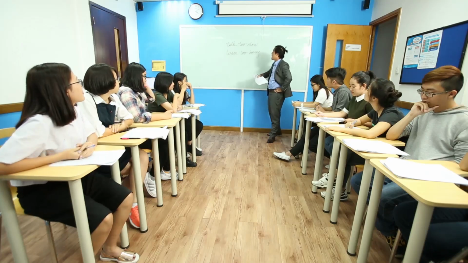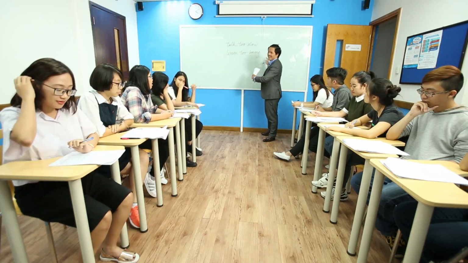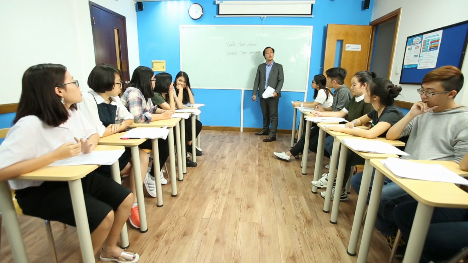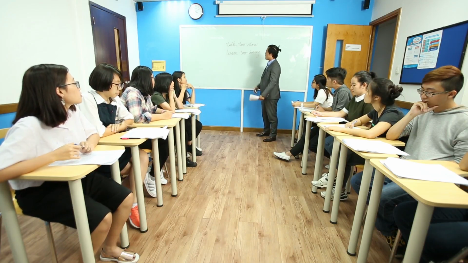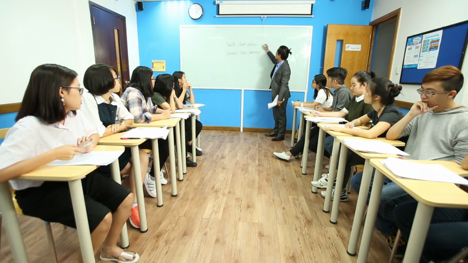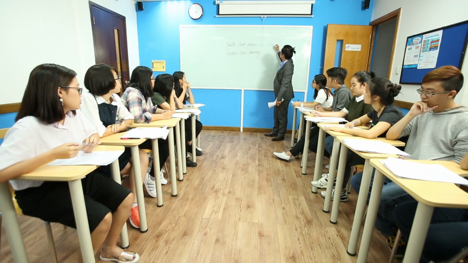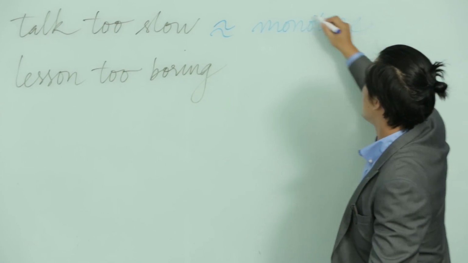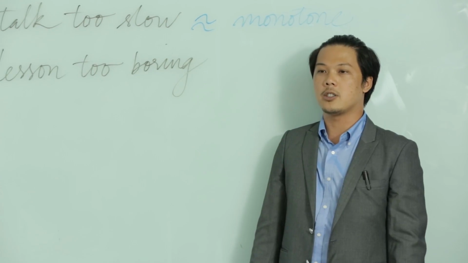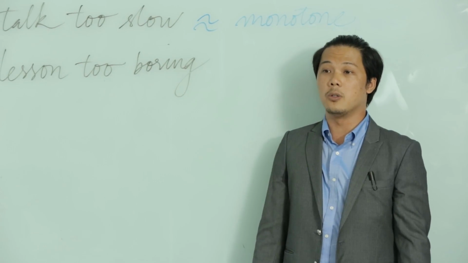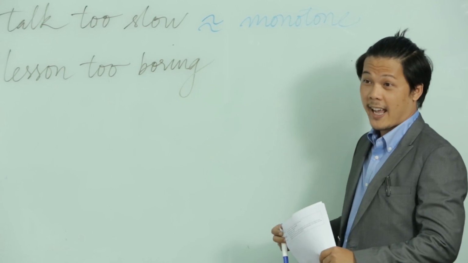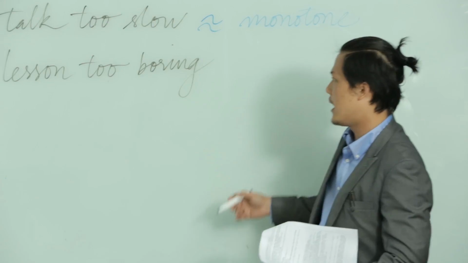Nice examples. So when the lessons are boring and when teachers talk too slow, or you can also say that when teachers talk in monotone. Monotone. When he talks like this, nothing changes in his voice. That would get you bored and sleepy as well.